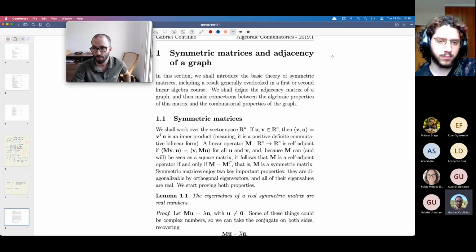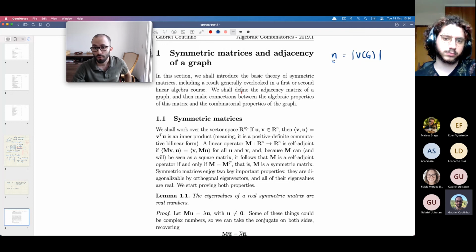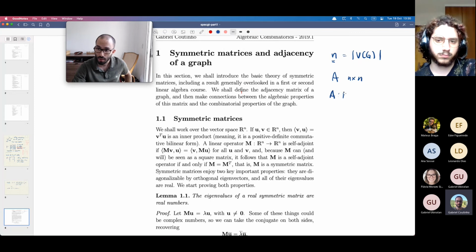So always keep in mind that n is a special symbol that will typically be used to denote the number of vertices in our graph. Of course, the adjacency matrix A is n by n, and therefore represents a linear transformation that goes from Rn to Rn. This will typically be our vector space.